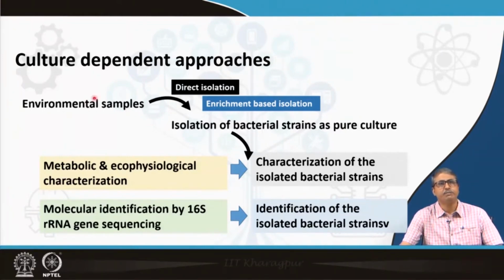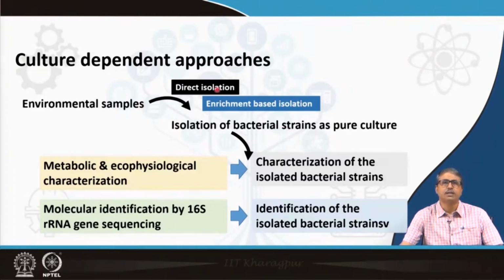Now, from any environmental sample we can go for a direct isolation based approach, and we can also have alternatively the enrichment based isolation approach. In both these approaches, the essential outcome would be the bacterial strains as pure culture.